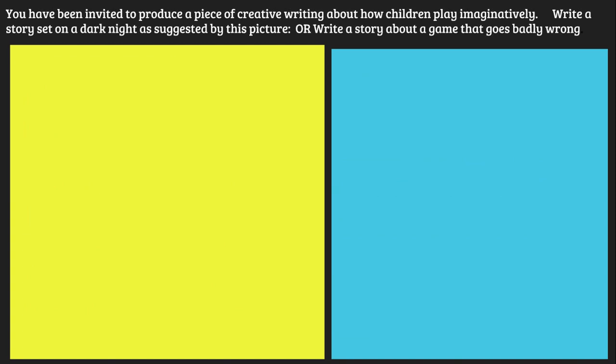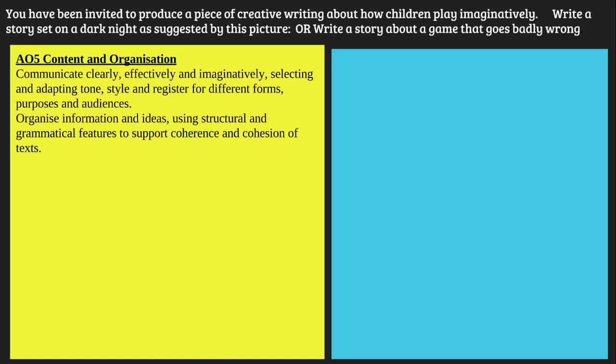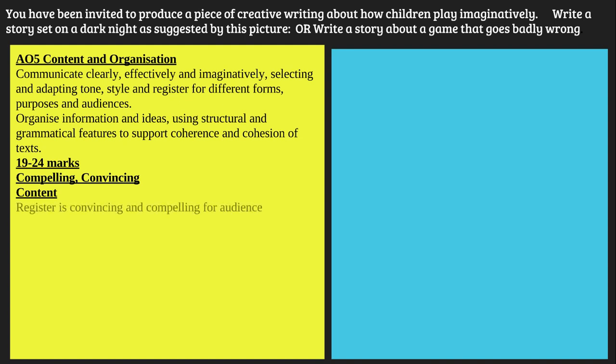So AO5 then, we've already spoken about what it means, which is content and organisation. The top band for AO5 is 19 to 24 marks, which would be compelling, convincing writing. So the content side of it is your register, so the tone, the way you're writing is convincing and compelling for an audience, so it makes the audience want to read on. It is assuredly matched to purpose.